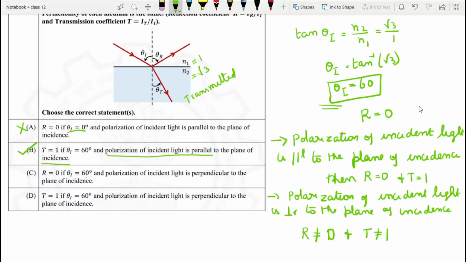Now based upon this, here both have polarization perpendicular to the plane of incidence, right? So R is not equal to 0. So this option is incorrect. And T is also not equal to 1. So this option is also incorrect. Only answer is option B.